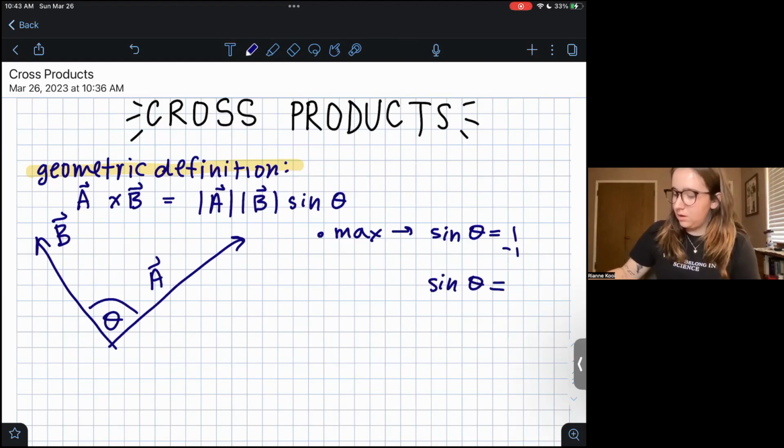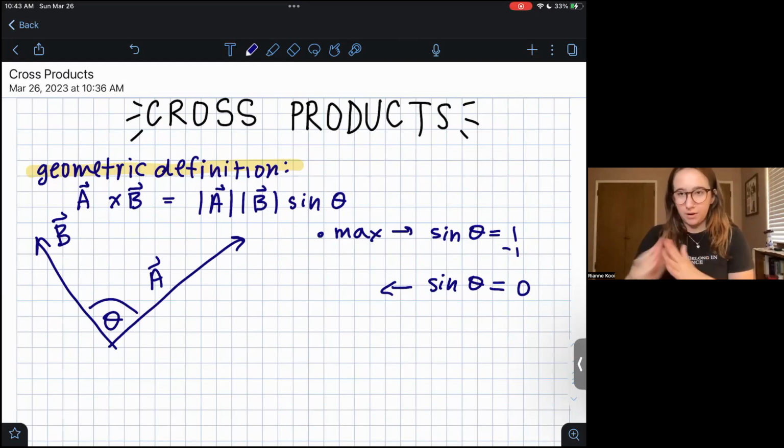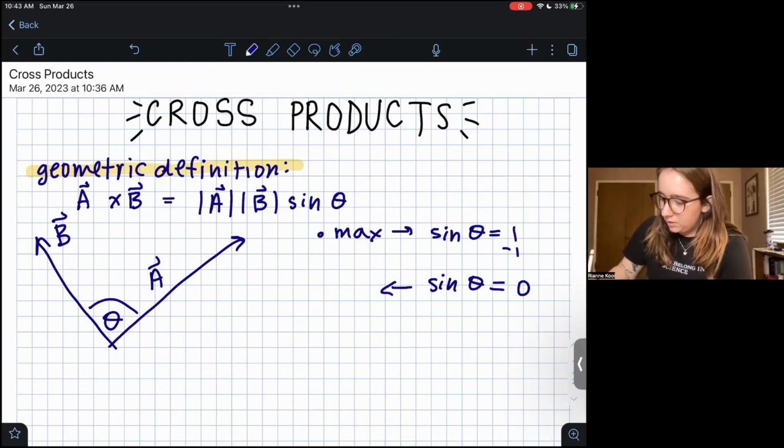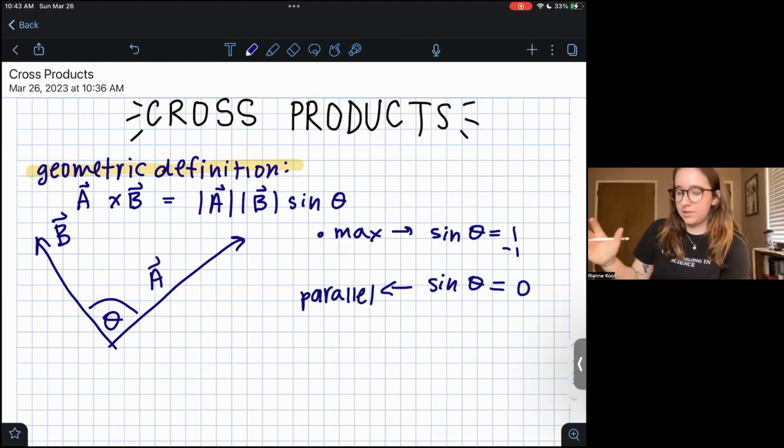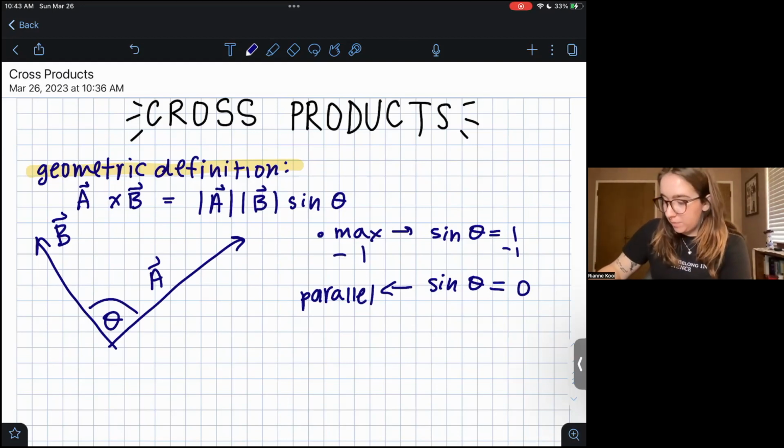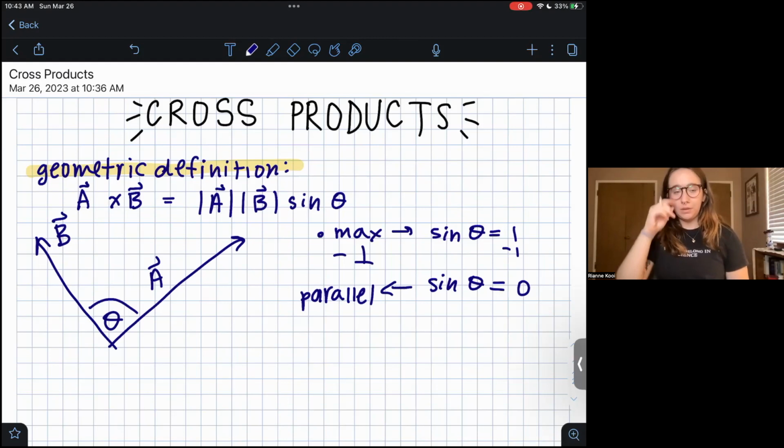When it's 0, that means that the vectors are right on top of each other, or parallel to each other. When it's at 1 or -1, they're perpendicular to each other.